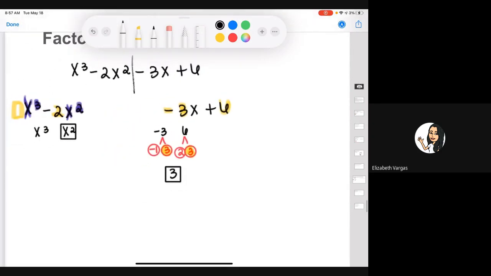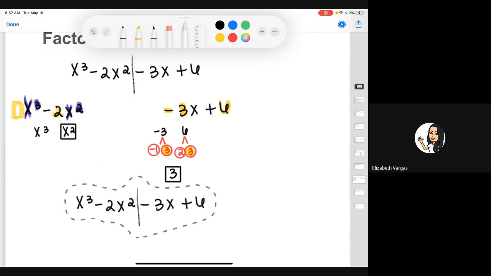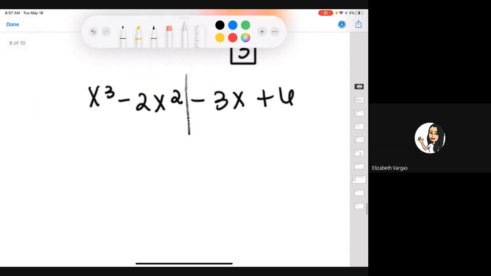Okay, and so now I want to go ahead and take my equation and break that down. So the greatest common factor on this side was x squared. The greatest common factor on this side was 3. And so I want to go ahead and identify what I need to multiply to give me my original expression.